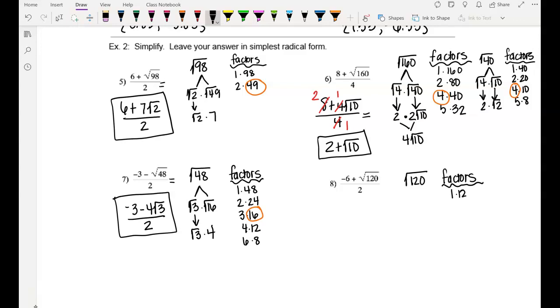Obviously 1 times 120, 2 times 60, 3 times 40, 4 times 30, 5 times 24, 6 times 20, 7 doesn't go in, 8 times 15, 9 doesn't go in, 10 times 12.